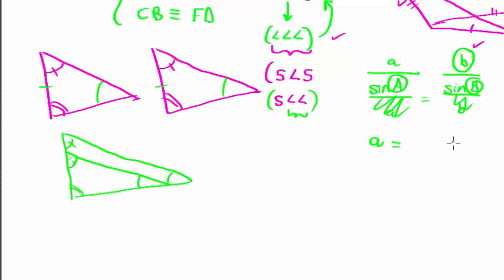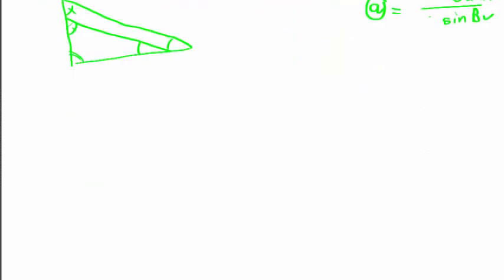In other words, I can get A is equal to B over sine B times sine A. So when you work out the one side length, notice that the other side length depends on the side that you know and the angles that you also know. Okay. So if one side length is equal, then all the other side lengths will also come down to the same thing. I might have confused you there, don't worry.